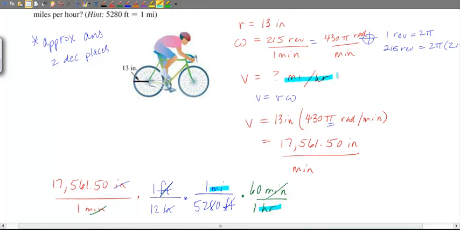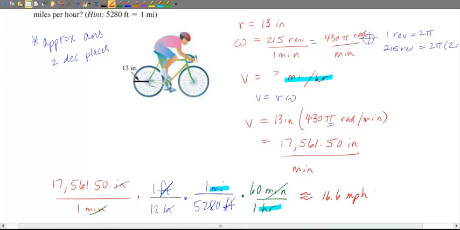As long as I go back and double check that my units are in the right position, miles in the numerator, hours in the denominator, now I'm ready to multiply straight across and divide by the product of the denominator. So we do that and we get approximately 16.6 miles per hour. That's how fast the bicycle is traveling.